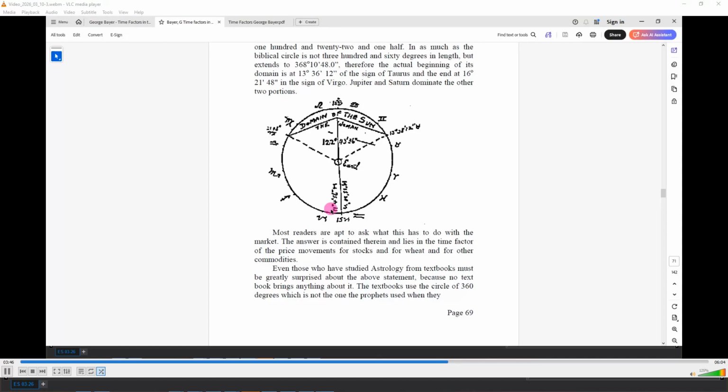You can take that 15 degrees of Leo, which is another critical degree, and you can add and subtract 122.5 degrees from that to find the other 2 points relating to 15 degrees of Leo.